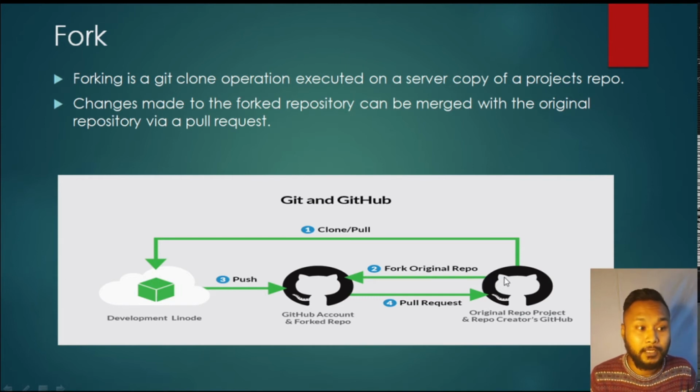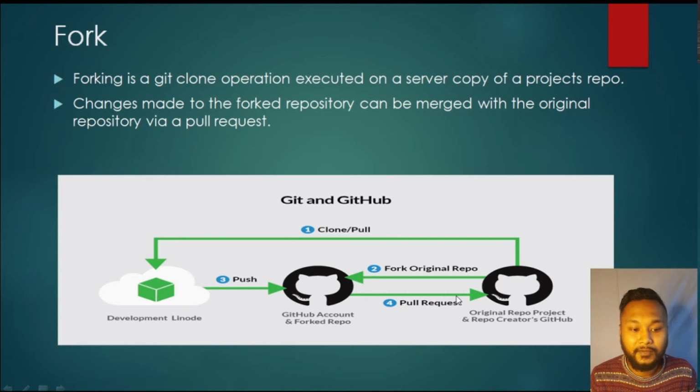We can also merge the forked repository into the original repository via a pull request. So what does it mean actually? Let me give you a scenario: you have a project of the original creator, and you make some changes to the code, you face certain bugs and you fix them, and you have the forked repository in your GitHub account.